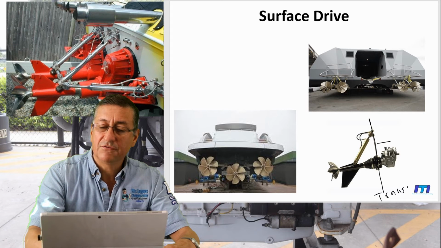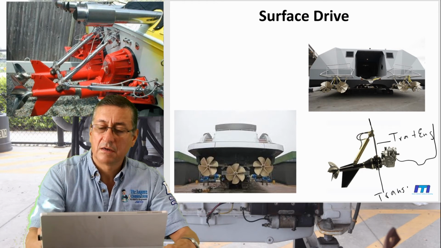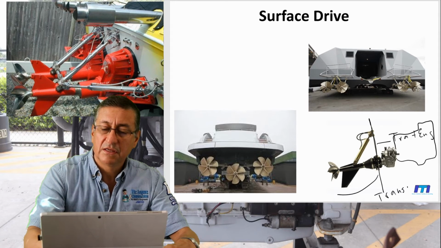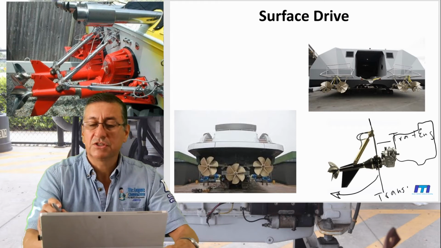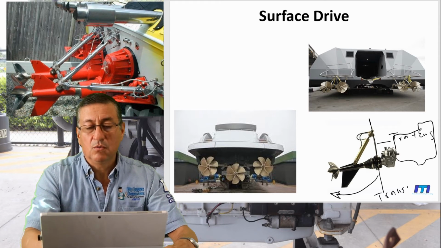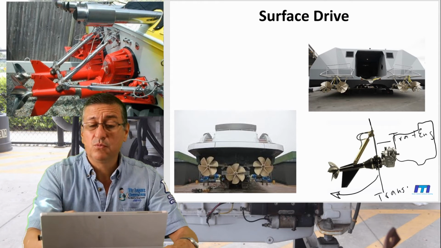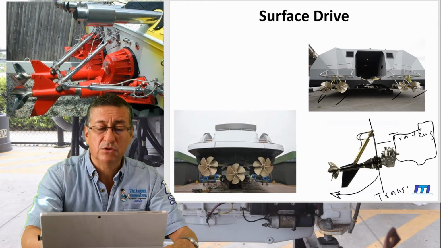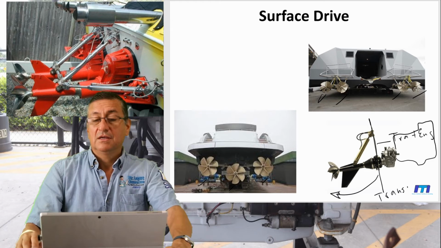Inside of the transom you have the transmission and the engine. Yeah, the engine is located here. The transmission is here, and this is the surface drive outside. Yes, you have 1, 2, or like this with 4 engines, 1, 2, 3, and 4 engines, or this one with 3 engines. Excellent design.